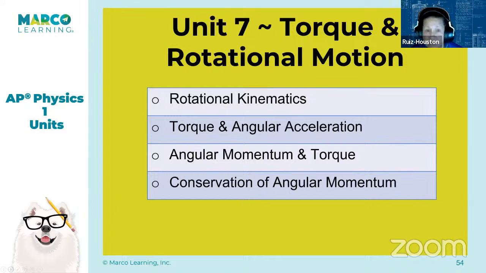Then you get to momentum. Again, going from linear to angular, and then conservation. So for example, what I mean is if we think of force is equal to what? M times A, right? Couldn't we do torque is equal to I times alpha? We've gone from linear to angular. What about momentum?